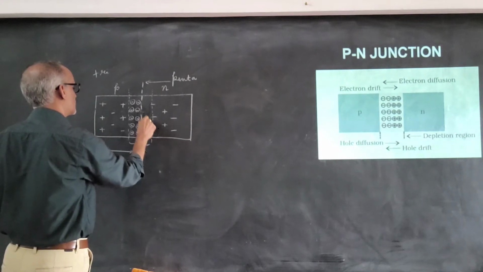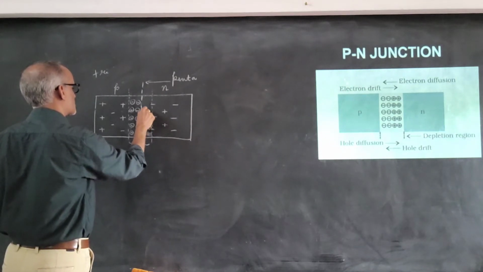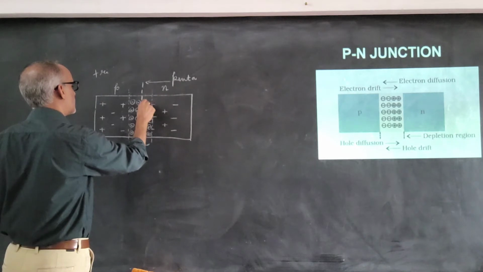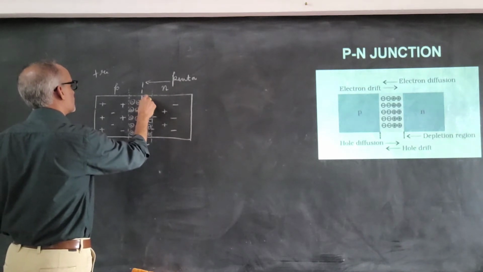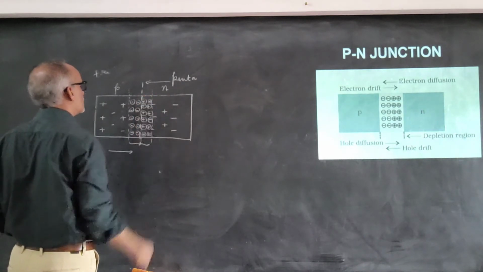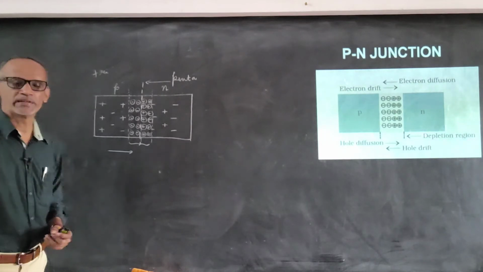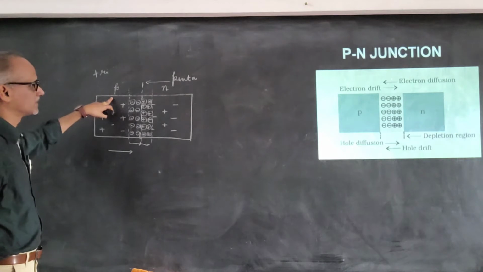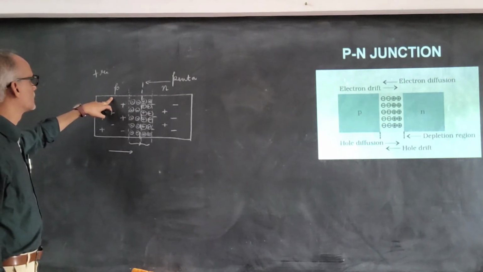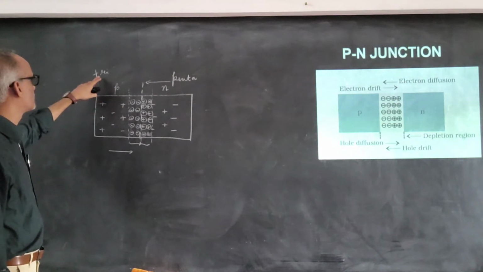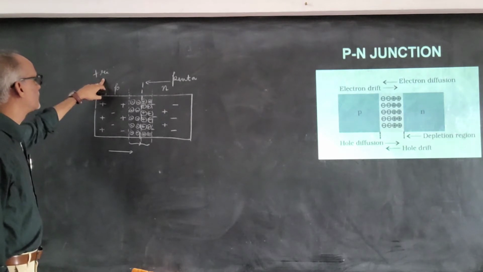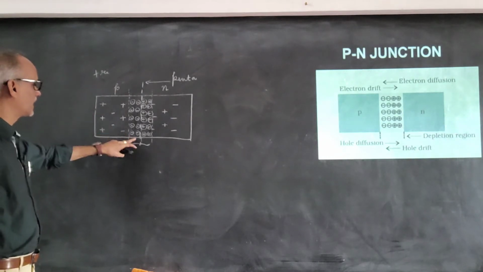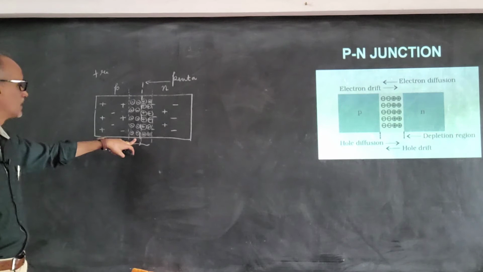So, this region is free from the charge carriers and it contains only the impurity ions. For example, when we add trivalent impurity, we get an acceptor impurity ion.